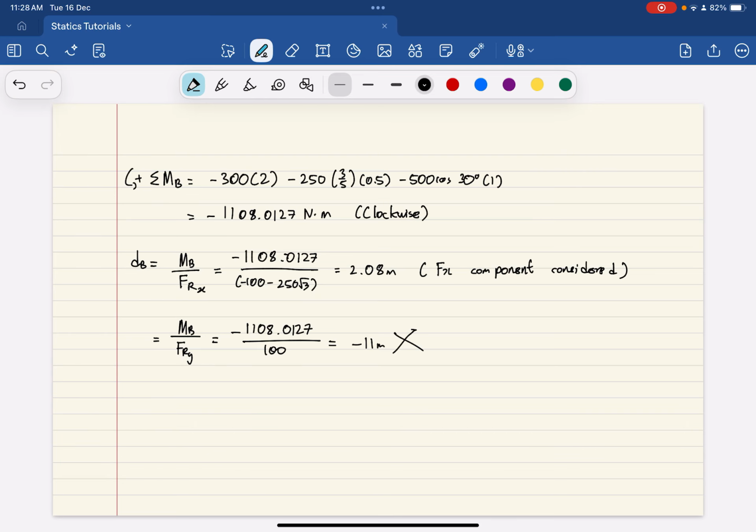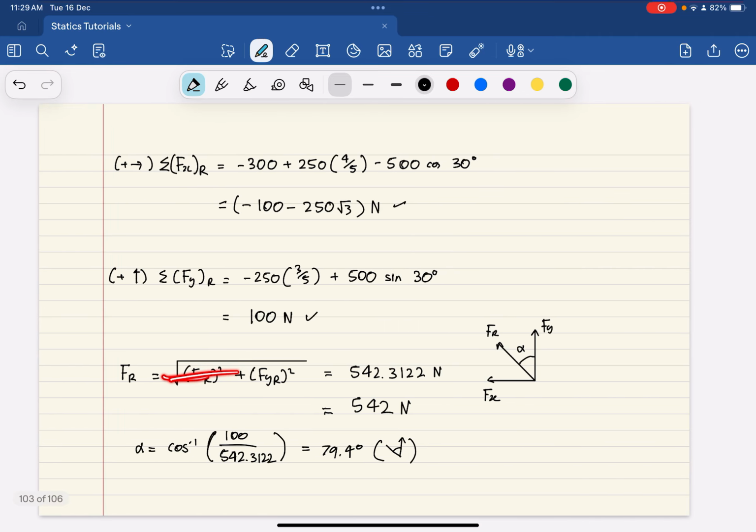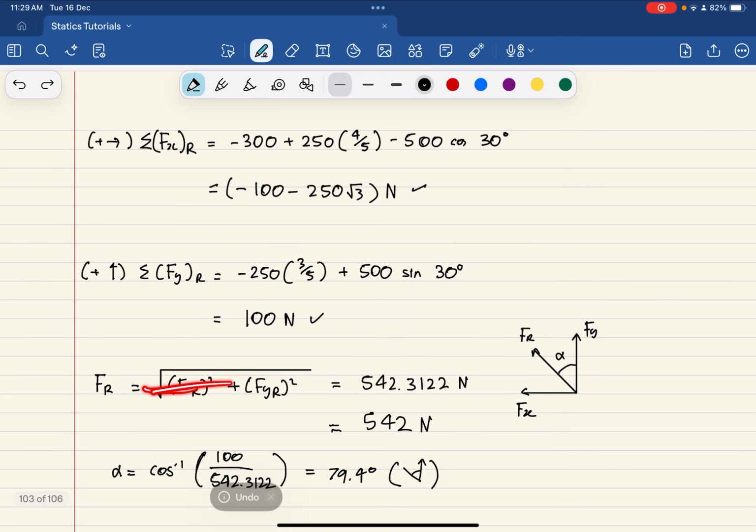At all. So if we were to draw the free body diagram again of the same problem, I simply draw this right here, okay? So our resultant force would look something like this. This is our Fr, okay? And the angle it makes, oh wow, the angle it makes is 79.4 degrees.